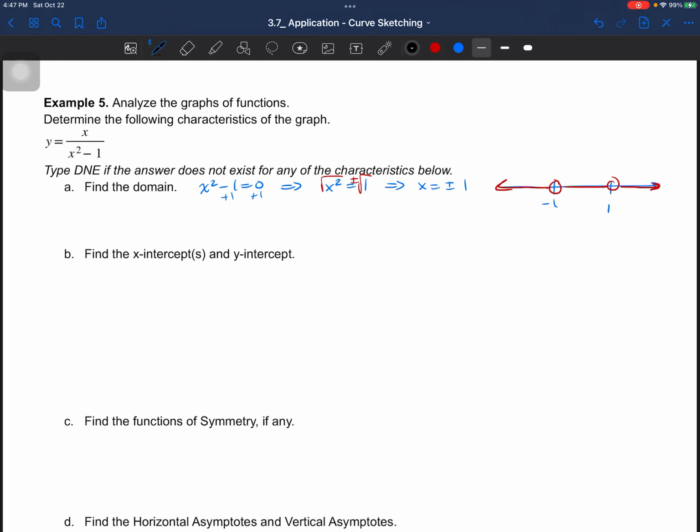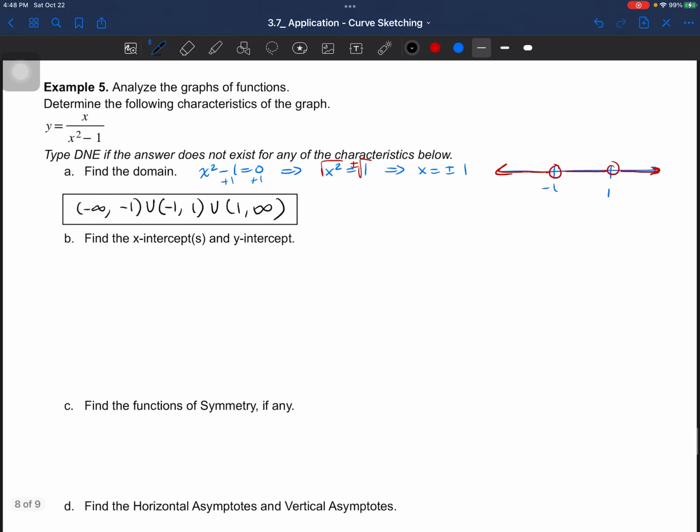If you create this little number line, it gives you a nice hint of what to write. So it'll be the interval from -infinity to -1, jump from -1 to 1, jump from 1 to infinity. So it's going to be this part.